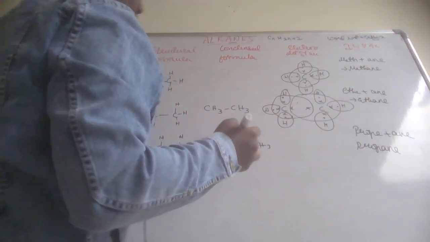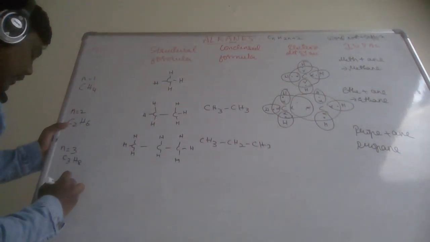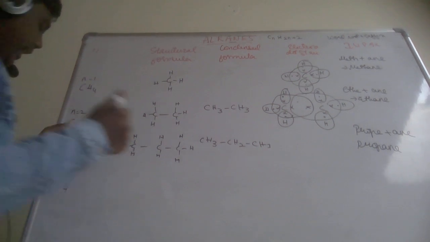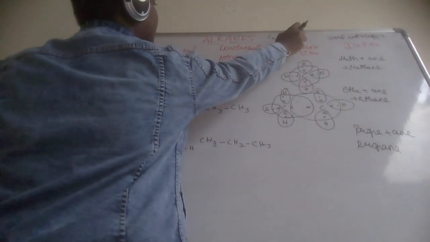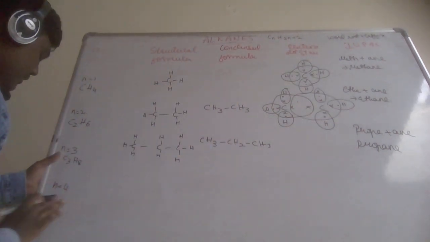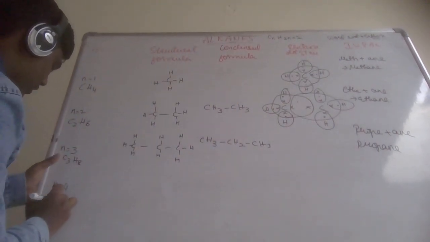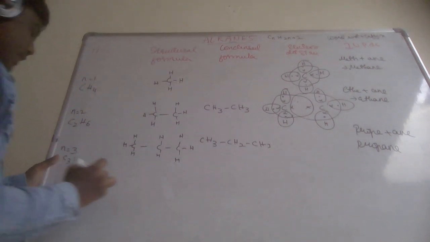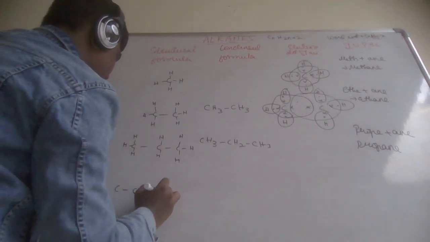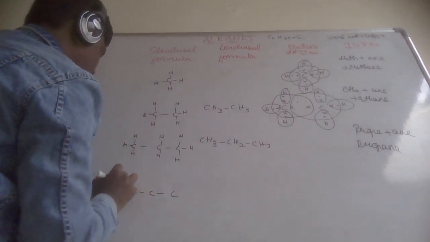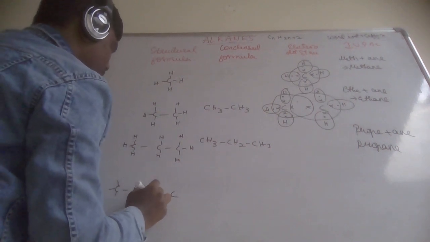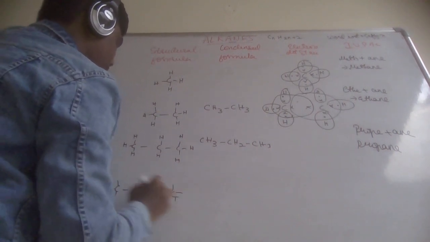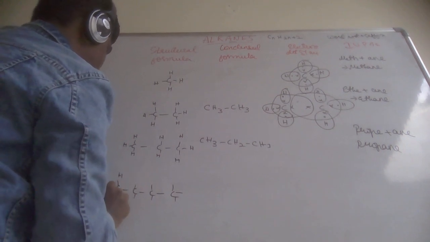I am doing another one, n is 4, C4 H, 4 twos are 8, plus 2 is 10, C4H10. Now 4 carbon atoms, 1 2 3 4, and add hydrogens.